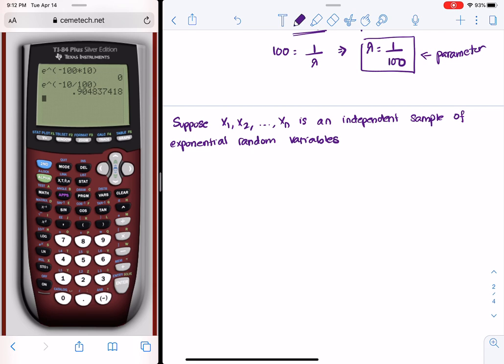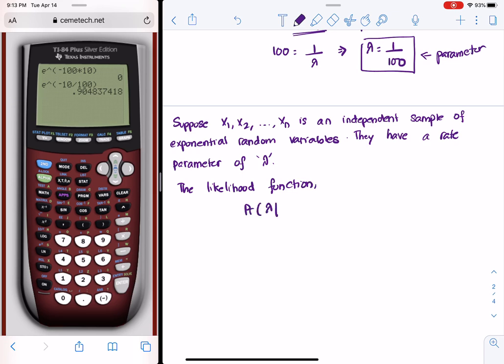So suppose x1, x2, all the way up to xn is an independent sample of exponential random variables, and let's say they have a rate parameter of lambda, then the likelihood function, so probability of lambda given the evidence, the data.